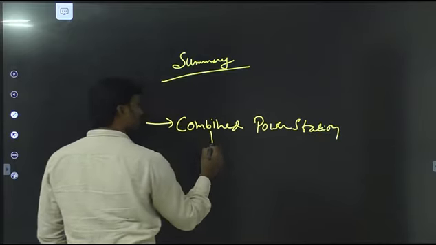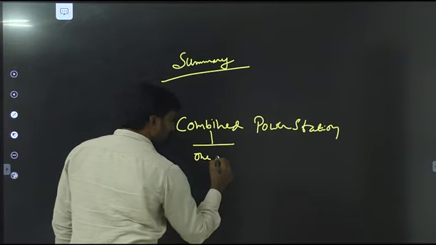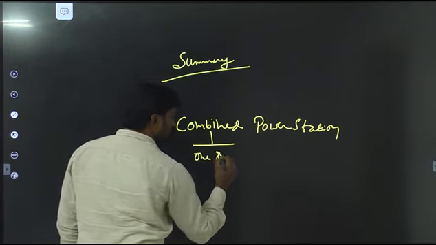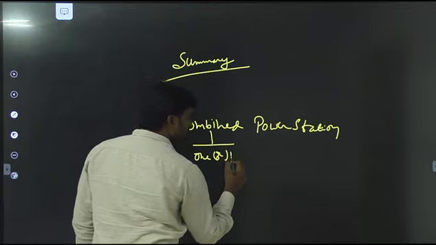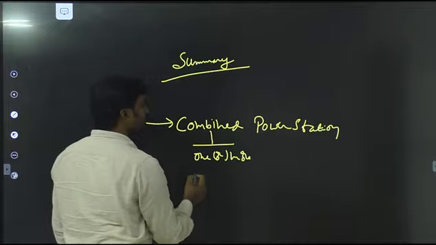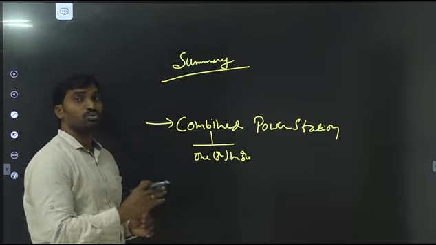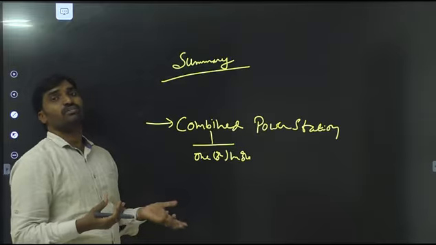Combined means you add one or more stations with each other. We can add one power plant with another power plant, or 1, 2, 3 like that, any number of power plants.